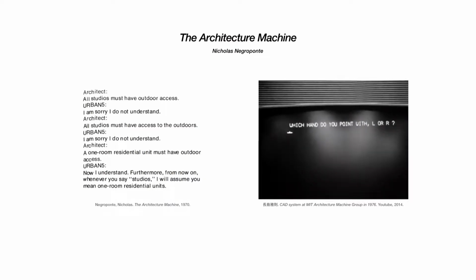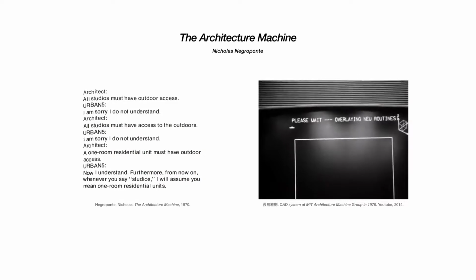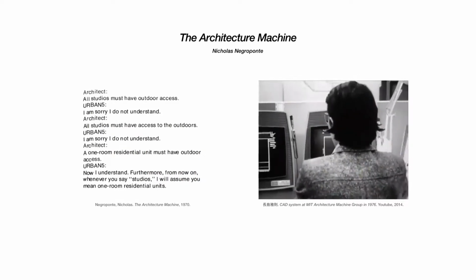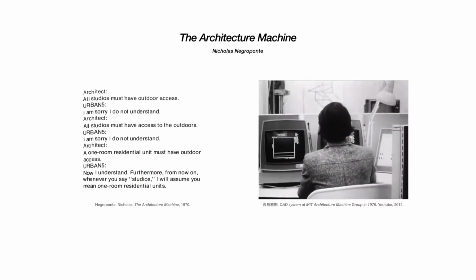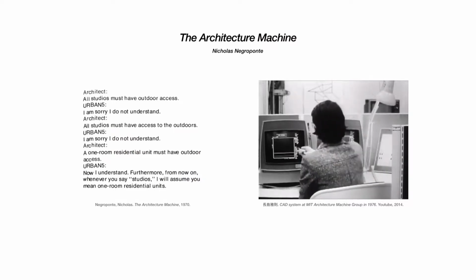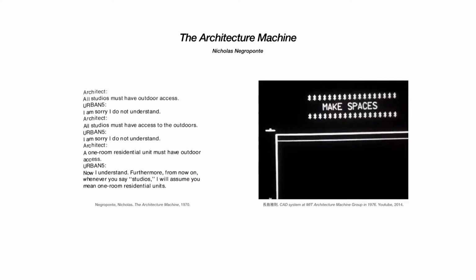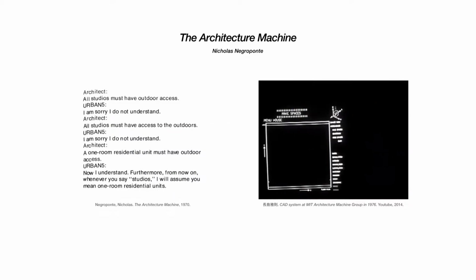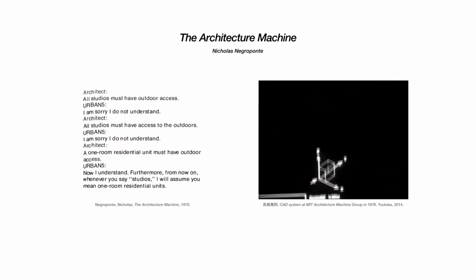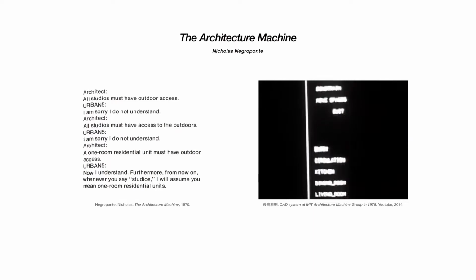And now let's see how this started emerging with architecture. One important figure in this group was a Greek-American architect, Nicholas Negroponte. In 1970, he wrote a book called The Architecture Machine. He made an assumption that the future of design is going to be a collaboration between a human designer and fully conscious, intelligent computers.